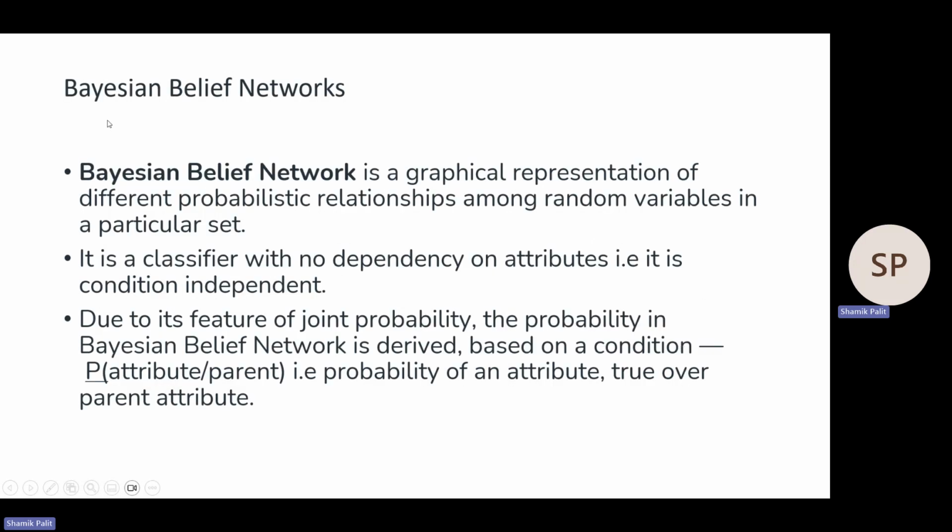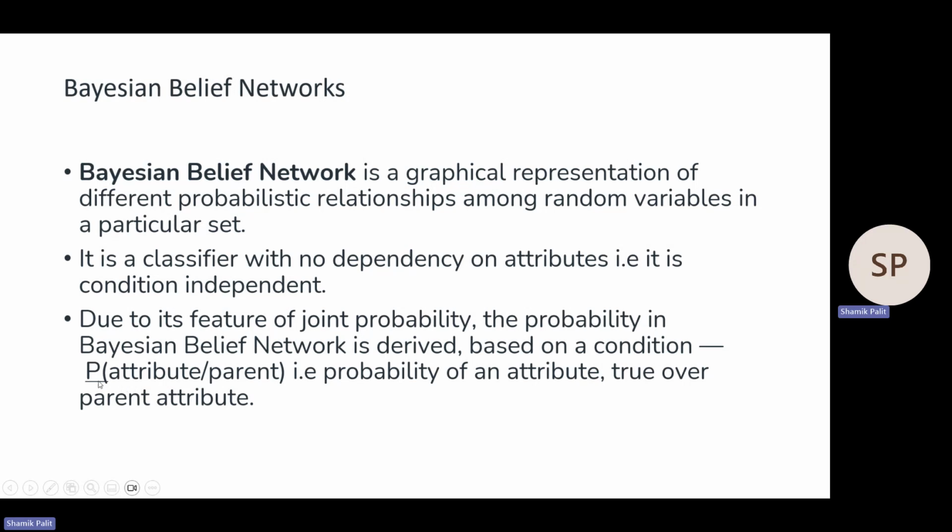So now moving to a very interesting part over here, which we would like to know, that's known as the Bayesian belief network. So that is also a kind of graphical representation. And here we explore different types of probabilistic relationships among various random variables we are considering. So one thing we always have to keep in mind is that when we start working with BBN, that is Bayesian belief network, it's actually based on a specific condition.